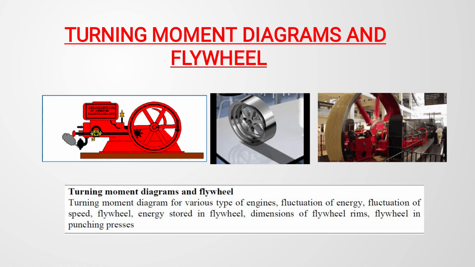Different types of engines have different types of turning moment diagrams. Next, fluctuation of energy, fluctuation of speed, flywheel, energy stored in flywheel, dimensions of flywheel rims, and flywheel in punching press. These are the topics in our syllabus that we are going to cover in this PPT presentation. One by one, let me go through everything.